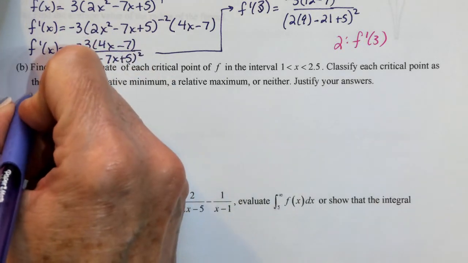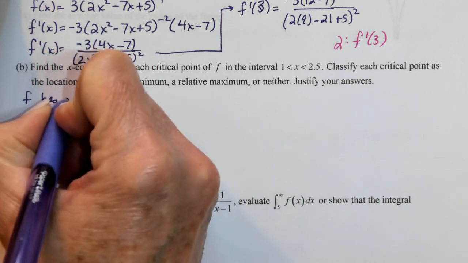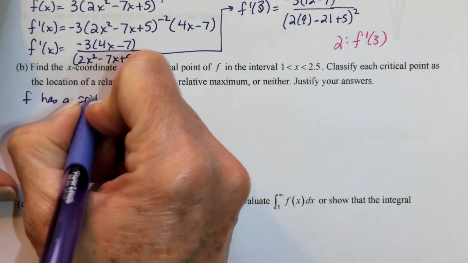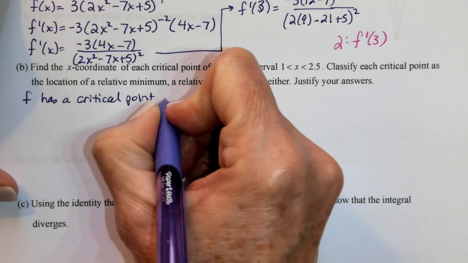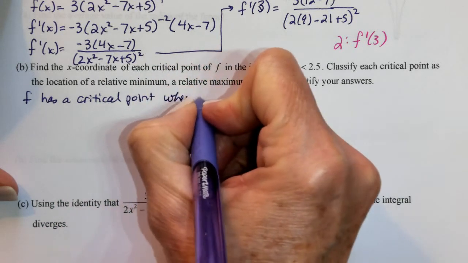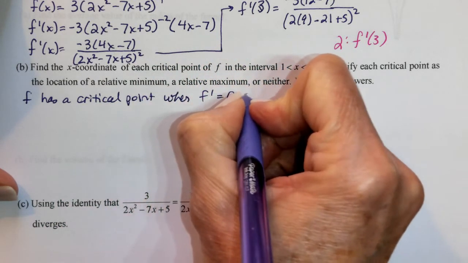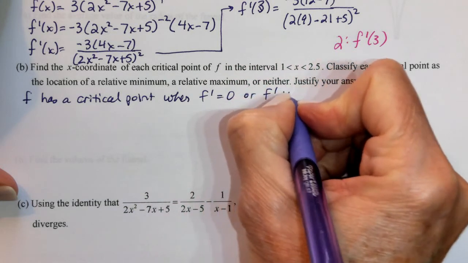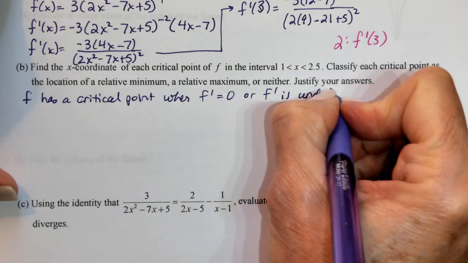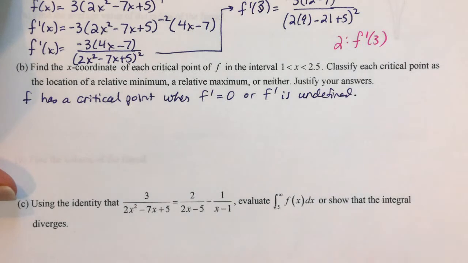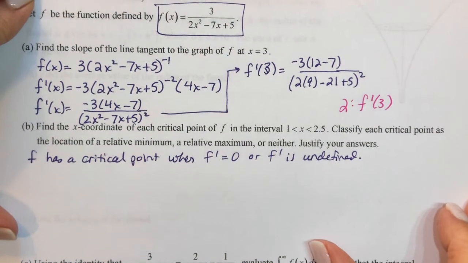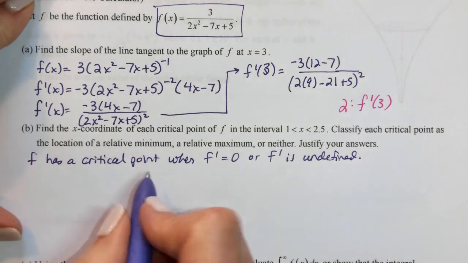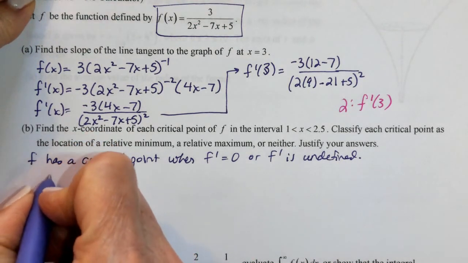So I'm going to say f has a critical point when f prime equals 0 or f prime is undefined. Okay? F prime is 0 or f prime is undefined. So, I'm going to find those two out.